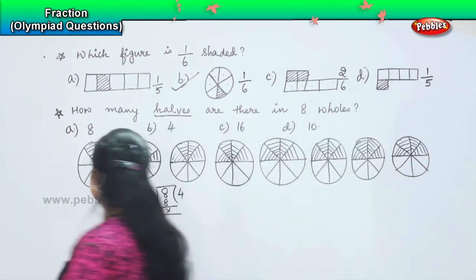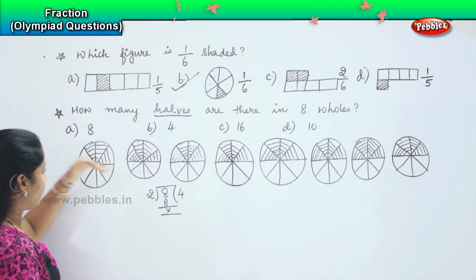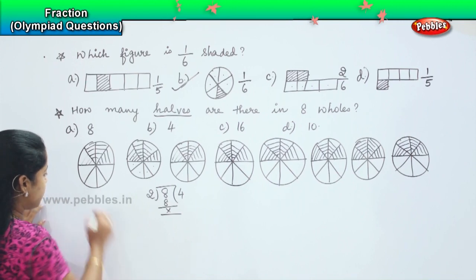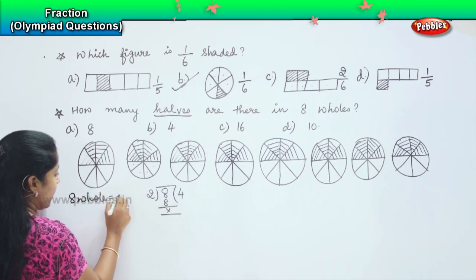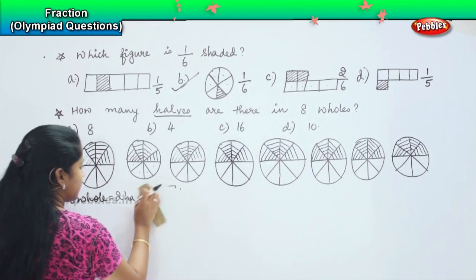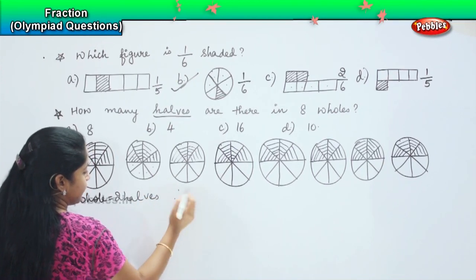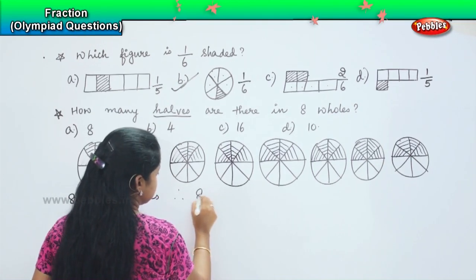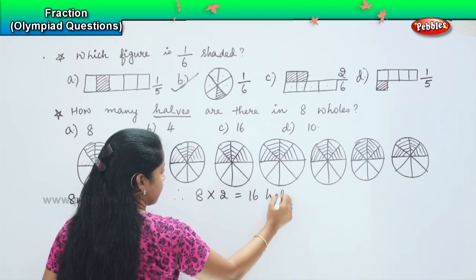So how many circles does each have, children? They have got 8 circles and if I divide them, 4 parts are divided. So which means that in 8 wholes, I have 2 halves each, right? So therefore, 8 into 2 is equal to 16 halves I have got.